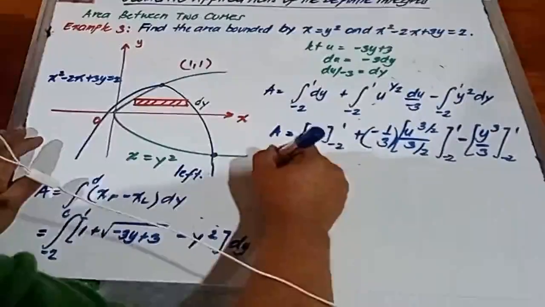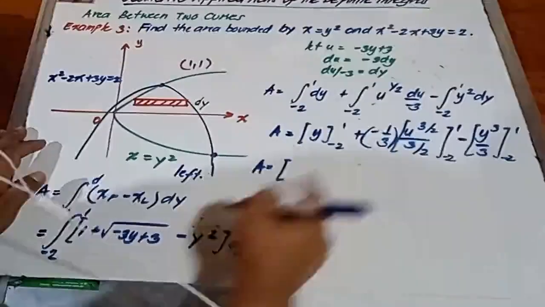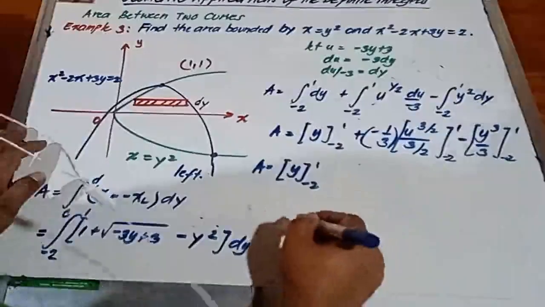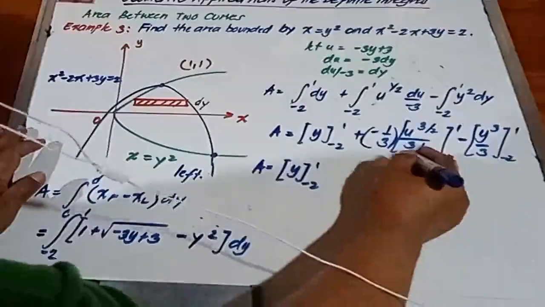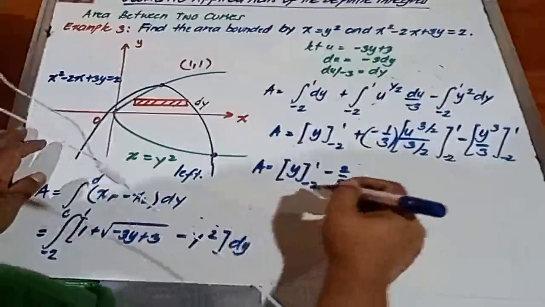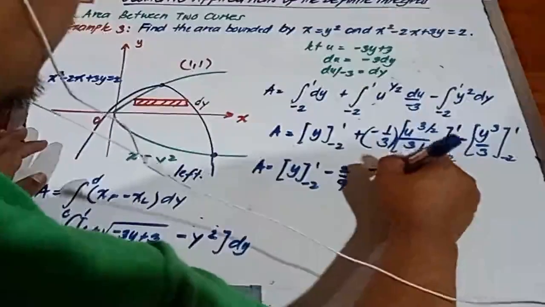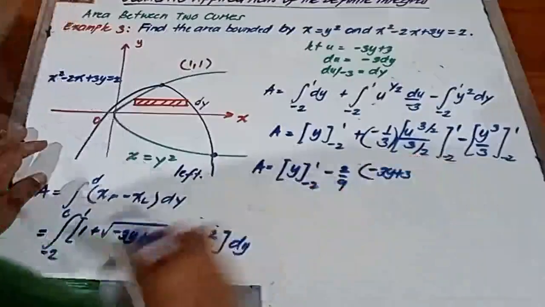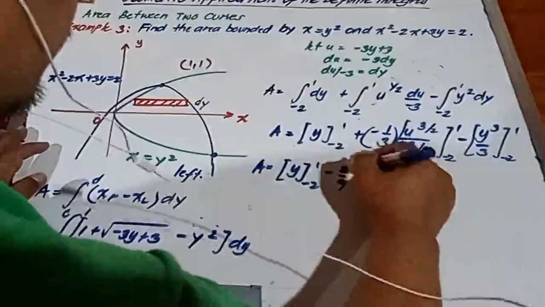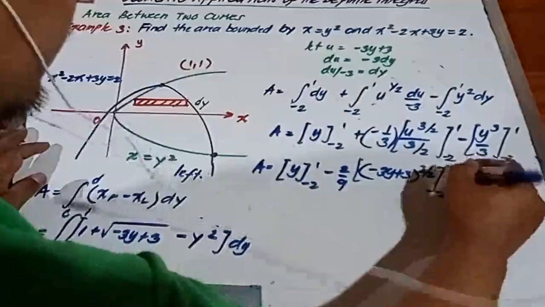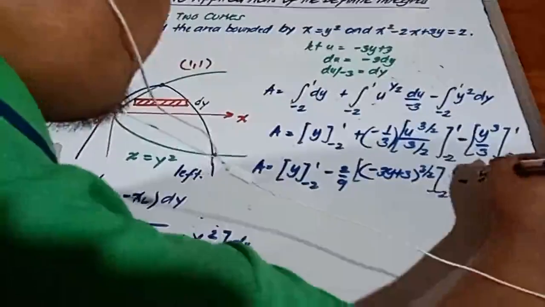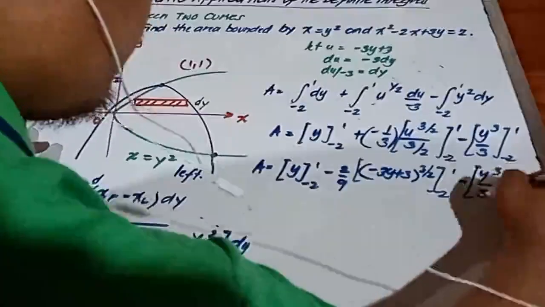So, we have A is equal to, substitute muna natin yung u. So, that is y from negative 2 to 1. This is, mababaliktad, 2/3 times negative 1/3 is 2 over 9. Ang u natin ay negative 3y plus 3. So, negative 3y plus 3 raised to 3 halves, from negative 2 to 1. Minus, ito naman, that is y cube over 3, negative 2 to 1.